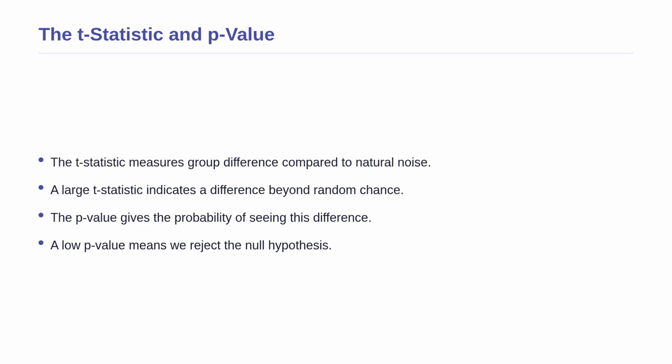If your t-statistic is very large, it means the difference is simply too big to be explained by random chance alone. We then calculate a p-value, which tells us the exact probability of seeing this data if the null hypothesis were actually true. If this probability is very low, typically less than 5%, we reject the null hypothesis and conclude the groups are genuinely different.